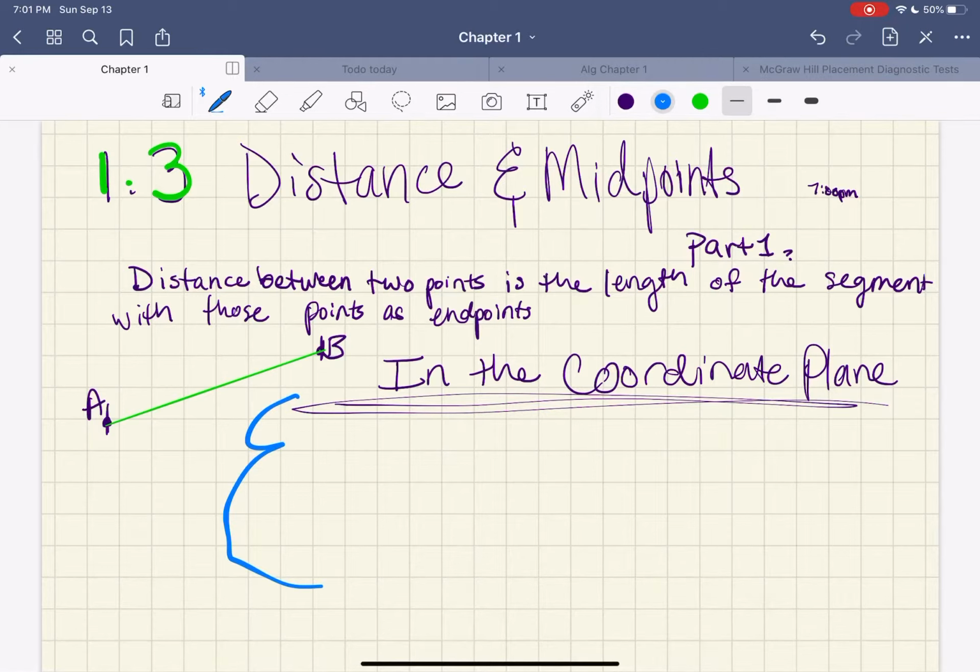So the distance from A to B is equal to the square root of x2 minus x1 squared plus y2 minus y1 squared.